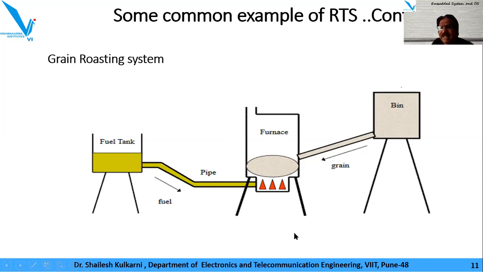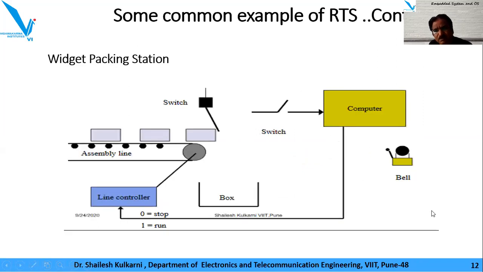So there is a control mechanism, and it demands that the rate at which you give the fuel, or the rate at which the grains come out of the bin, is controlled so that the grain is roasted to the required level. It should not be over roasted, and it should not be under roasted. So that also becomes a case of a real-time system, a soft real-time system, obviously.